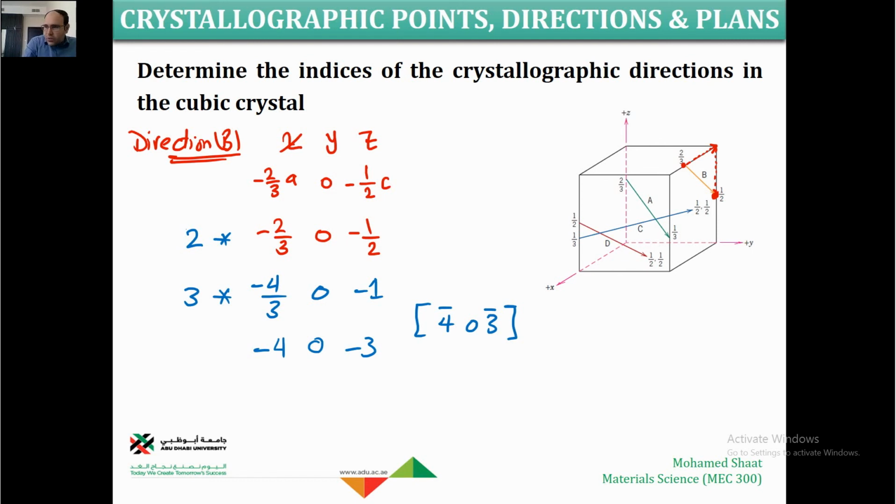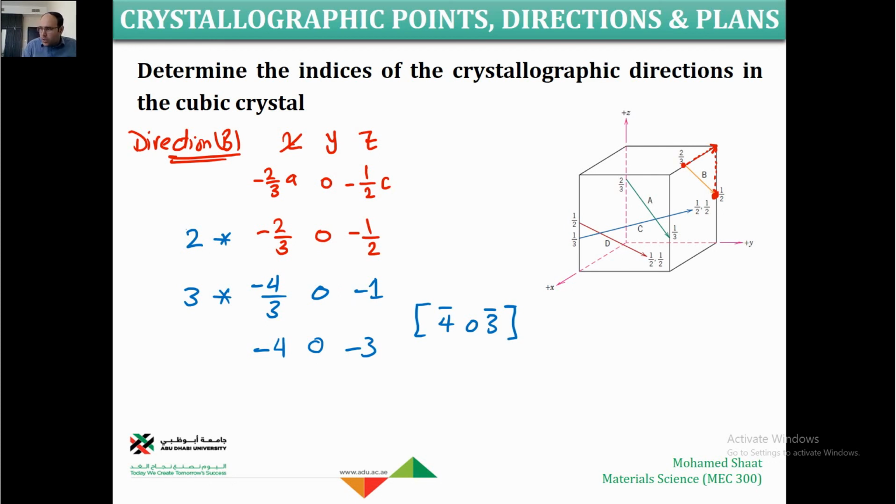But for this example, I can end up with one step. If I multiply these three indices times 6, which is 2 times 3, the multiplication of these two denominators, you're going to end up with integers, but this is not necessary to be happening all the time.